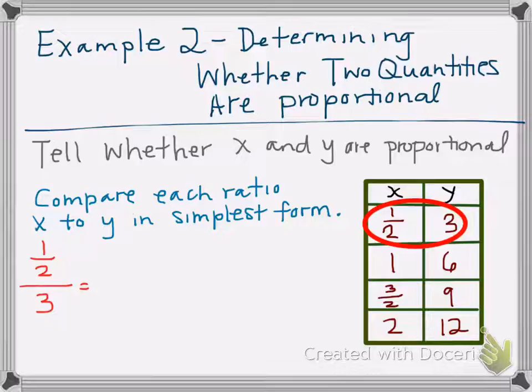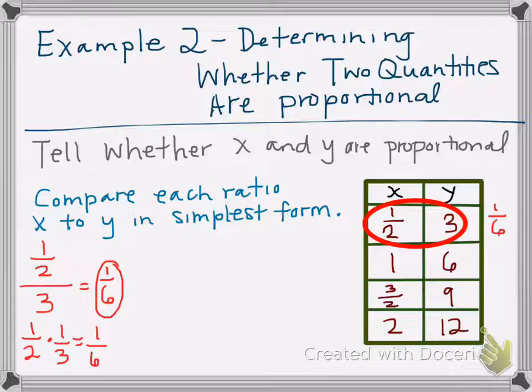And we know that any division is just the multiplication of the reciprocal. So 1/2 times, and what is the reciprocal of 3? 1/3. Very good. And with fractions, you just go straight across. 1 times 1 is 1, 2 times 3 is 6. So 1/2 to 3 is 1/6. That is the ratio in simplest form.